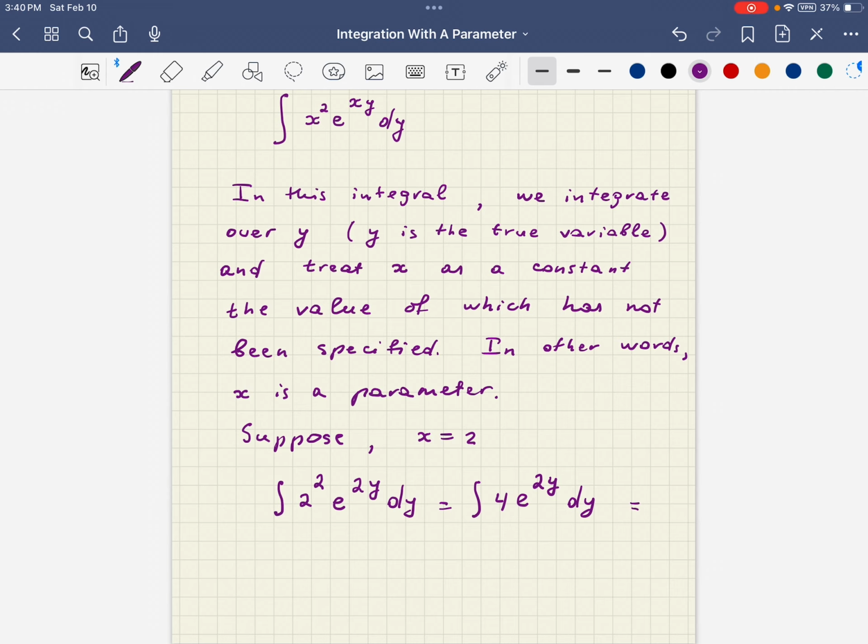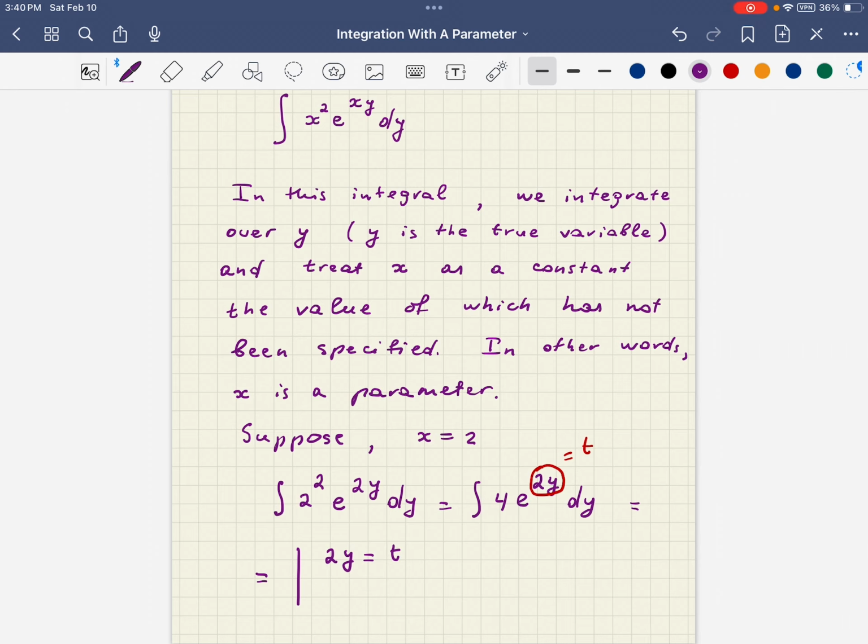You probably will recognize here that we can make a substitution, taking the exponent 2y to be equal to, let's say, the new variable t. Okay, so we'll make a substitution, 2y equals t.